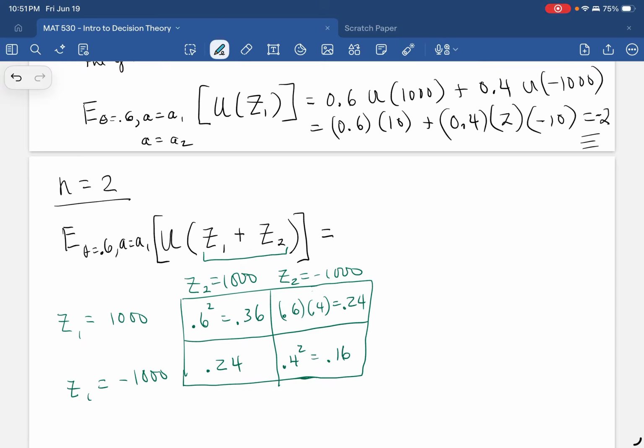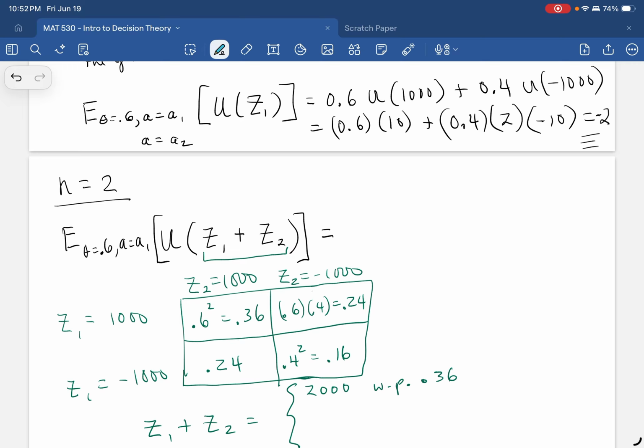So then the distribution of Z1 plus Z2 is equal to 2,000 with probability 0.36.